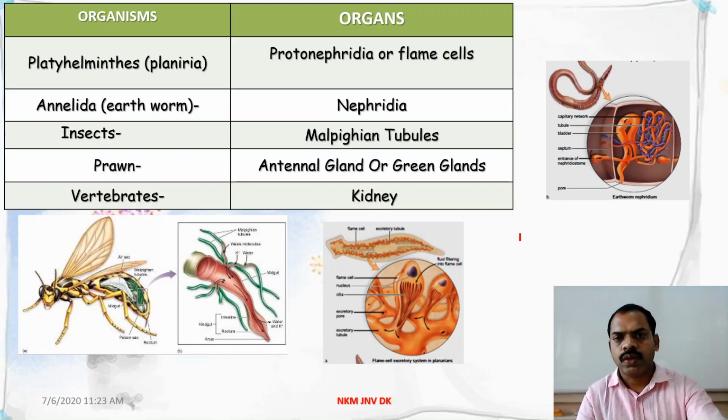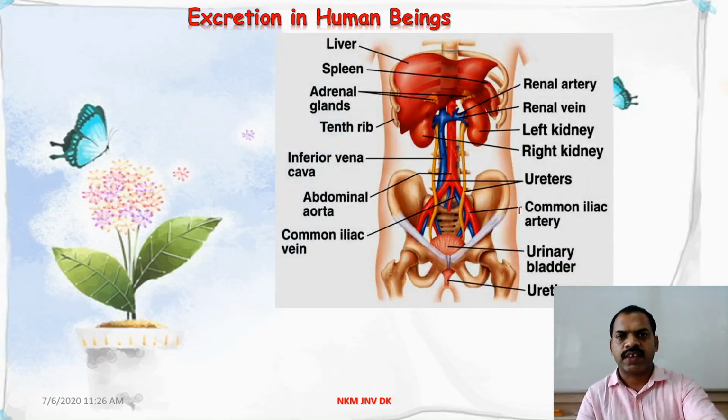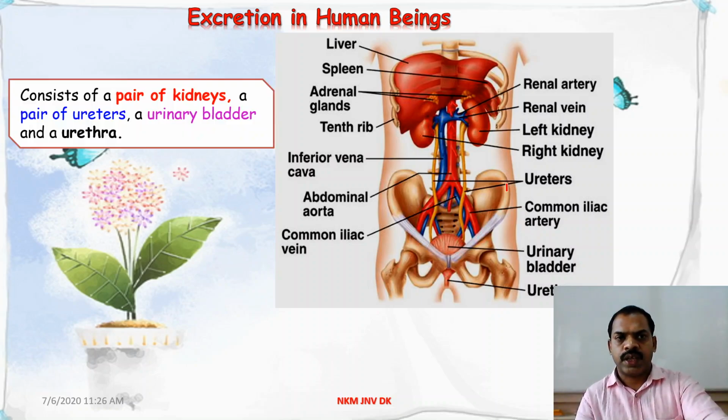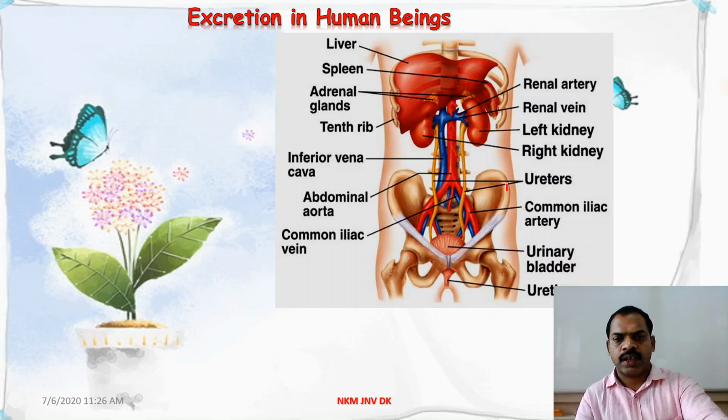Okay. Now let us see the most important one, that is the human excretory system. In human beings, we have a system of organs, a group of organs.